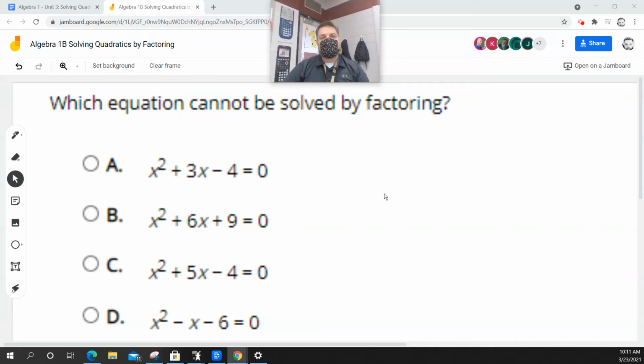So this says which equation cannot be solved by factoring. Now what that means is they have to have integers.